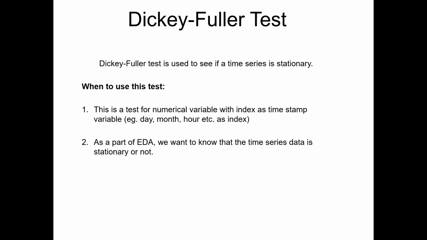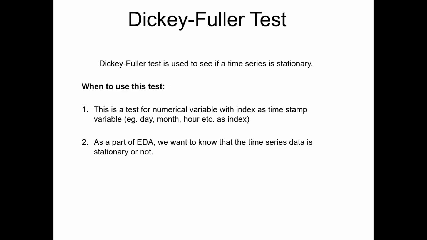Now, when to use this test? We can use this test on time series data where one column is a quantifiable column, or quantitative data, but its index is a timestamp. That is, it is representing some day, month, hour, etc., which is an index.